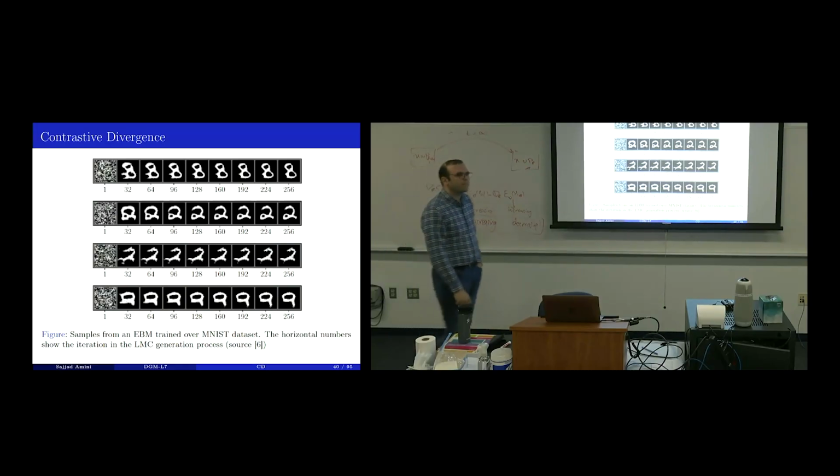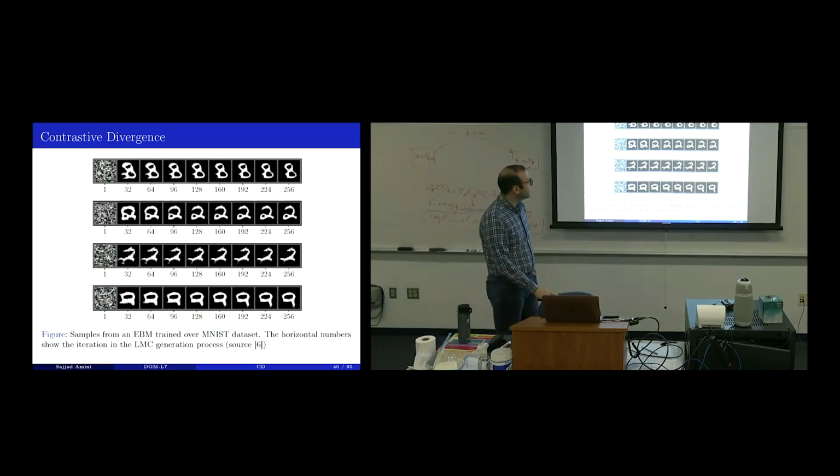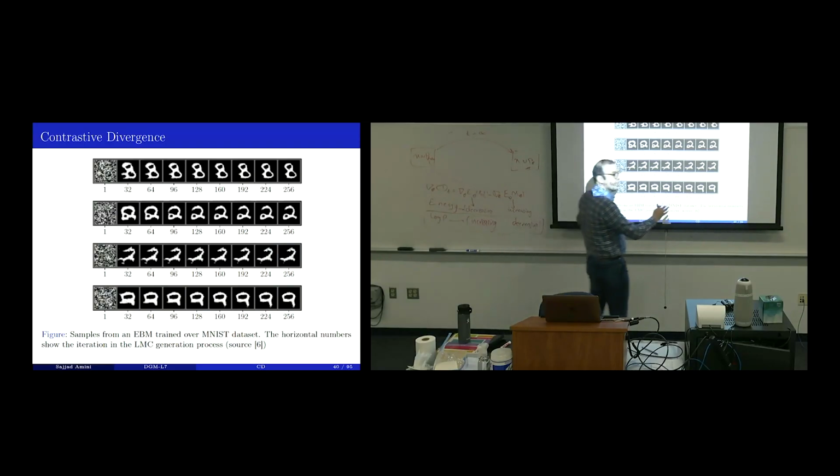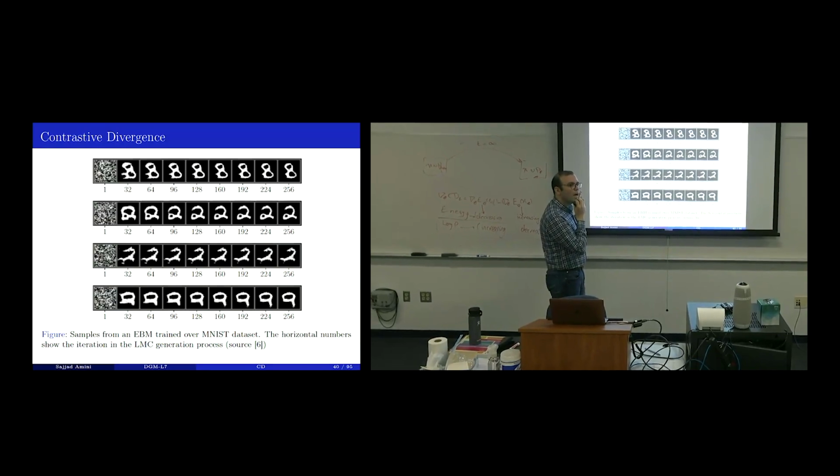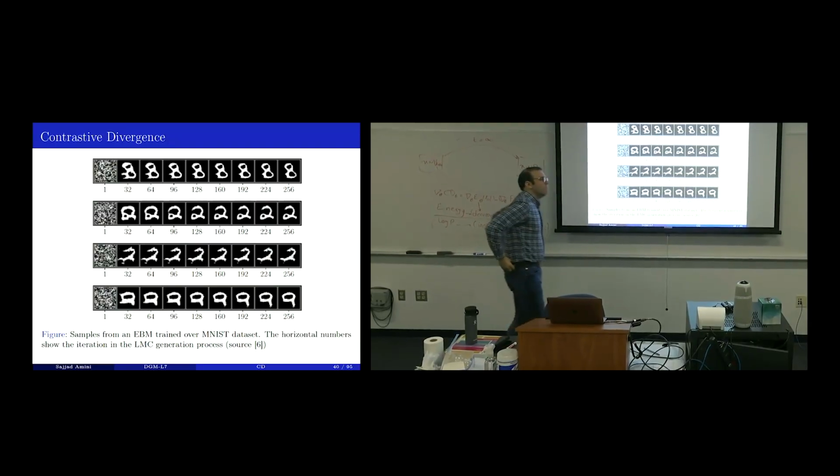Yes. So in this EBM training, what can we intuitively say, in what iteration did the training happen? This is not training. No, I know. Like, since it took, for example, 256 iterations to generate a well-shaped number, can we say that the training has also been used for it?